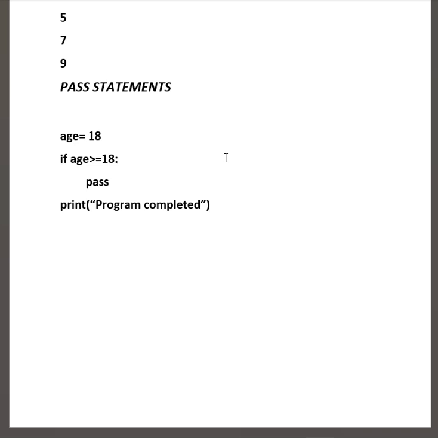Okay, it will check age is greater than or equal to 18. So age is 18, 18 is equal to 18. So it will pass. So the next line it will come to, program completed. Output is program completed.